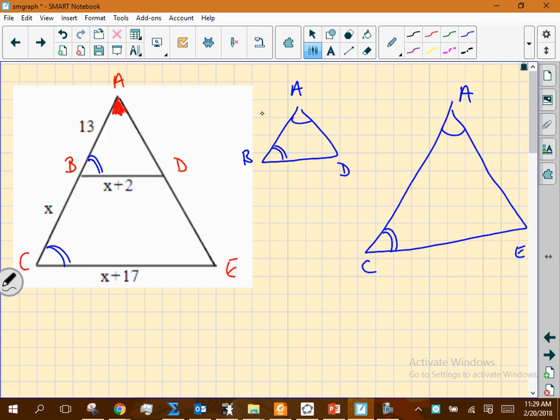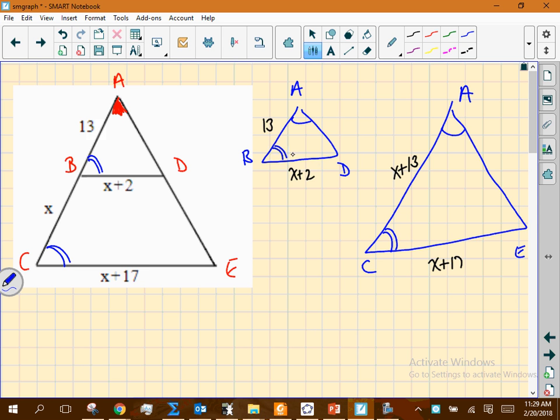But this allows me to say that A to B is 13, right? What is A to C? X plus 13. Can I write that as 13 plus X? Yep. B to D is X plus 2, and C to E is X plus 17, right?